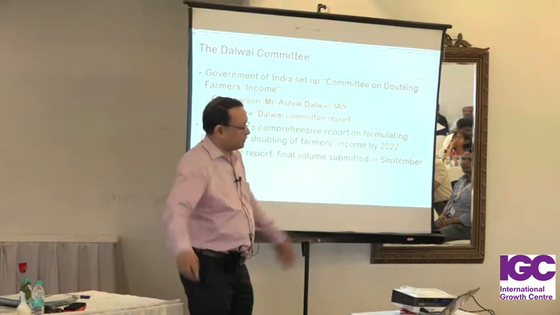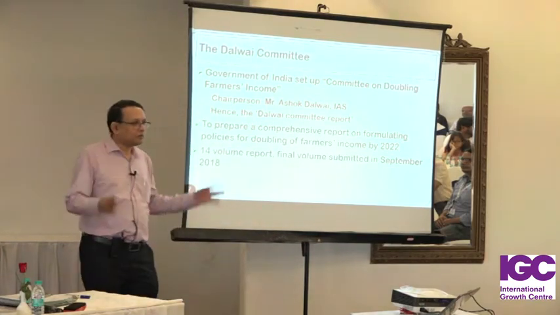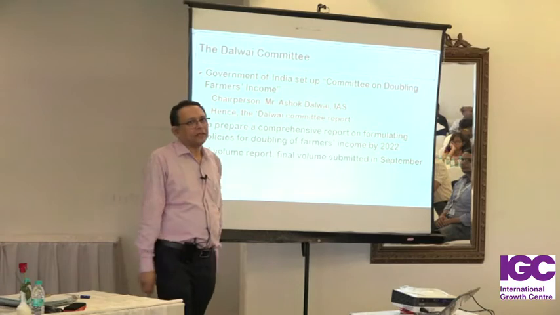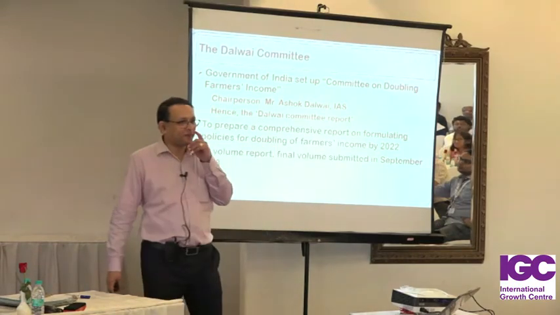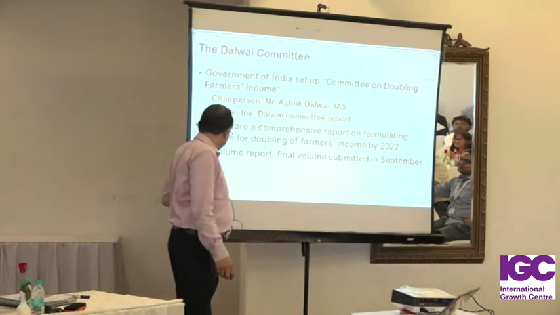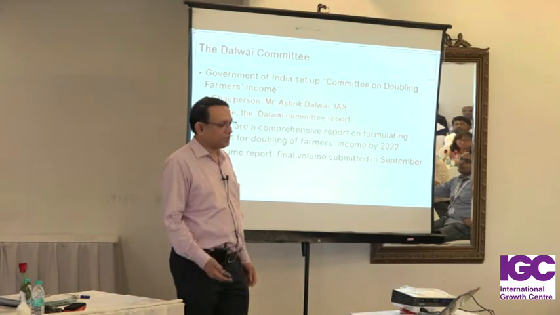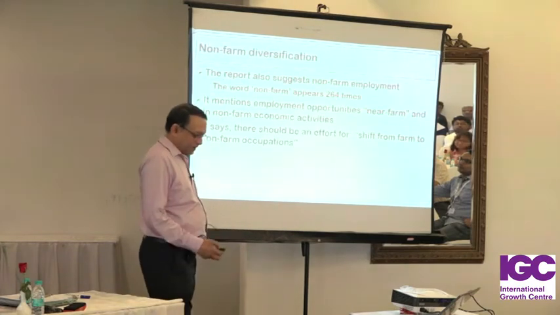It's a 14 volume report, okay, 14 volumes on what needs to be done. How many can read that? Okay, it was submitted in September 2018, 14 volumes of what needs to be done. So there's a lot to be done.